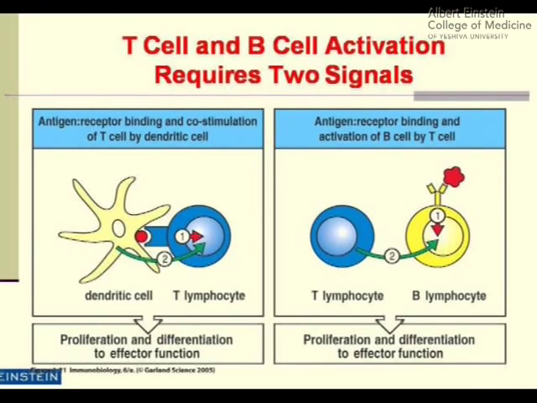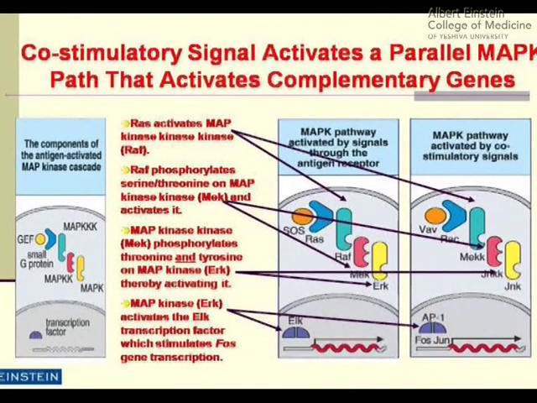So just to review, dendritic cells, for example, B cells, provide an antigen-specific signal, but also provide a co-stimulatory signal. How do those two signals get integrated at a molecular level? And it turns out that the co-stimulatory signal activates a parallel MAP kinase pathway that results in the transfer of a factor that requires two portions in order to be activated and turned on.